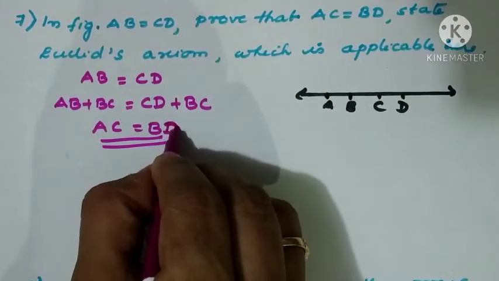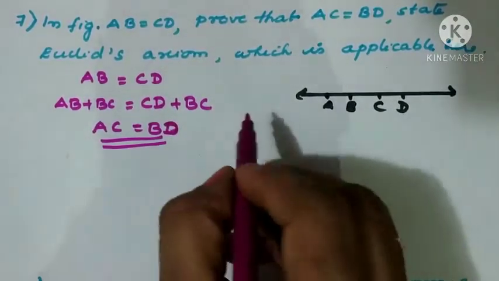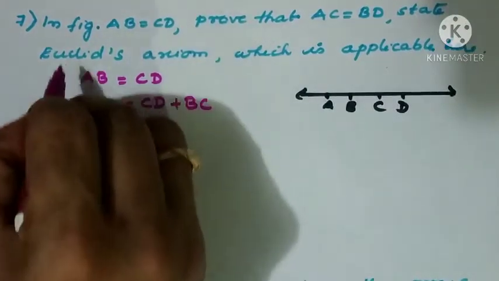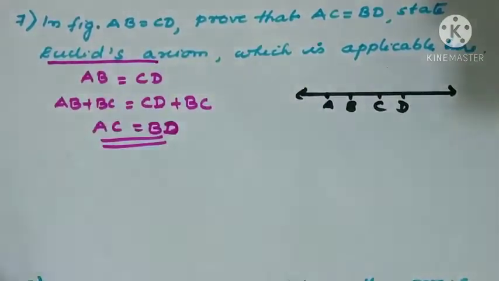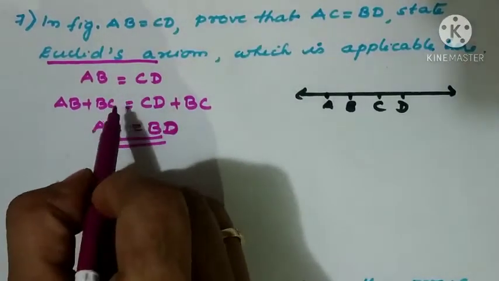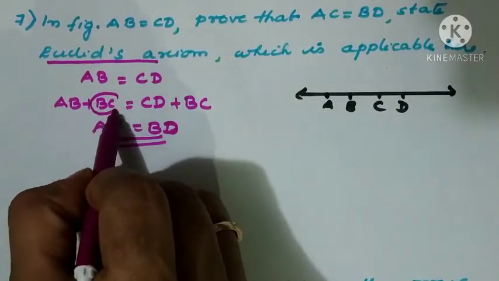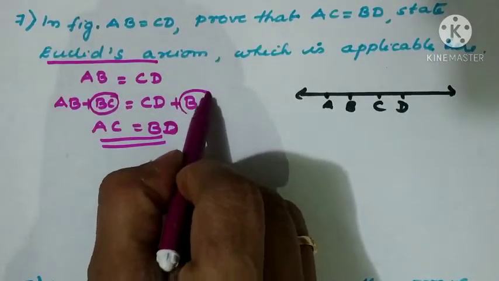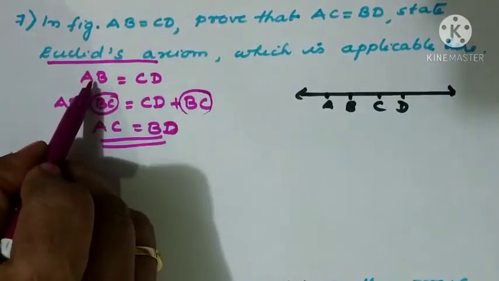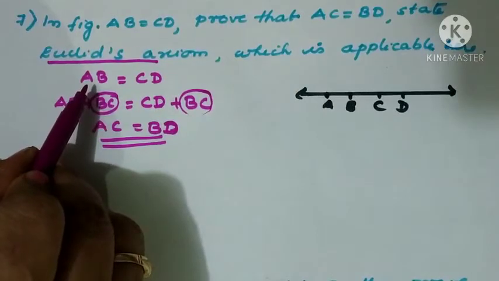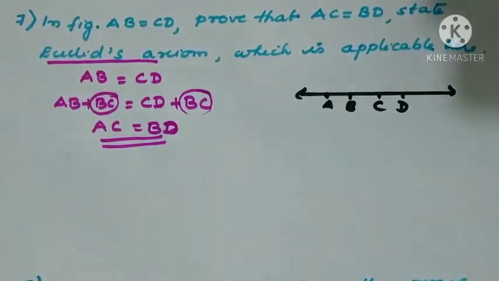Since it is a 2-mark question, we are not writing all the steps. But now, what is the axiom used here? Euclid's axiom. What is the statement we have used? Equals are added. Which is the equals? BC. Equals are added to equals. Which equals? AB and CD.